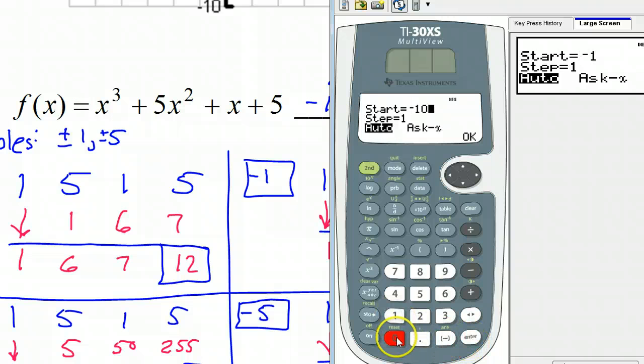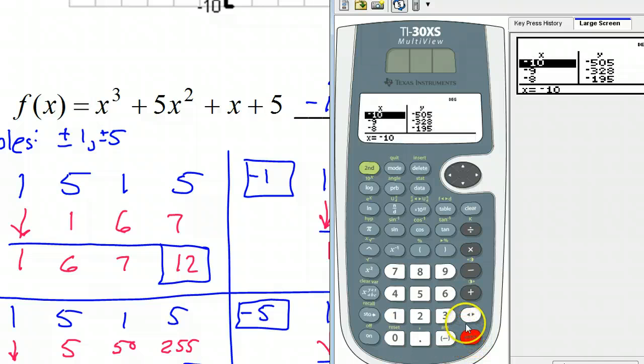I like to start off at -10 when I do this. Okay, and so at this point I'm just scrolling down and I'm looking for zeros on the y side. As I scroll, I see those numbers getting smaller, and then bam, 0 at -5.